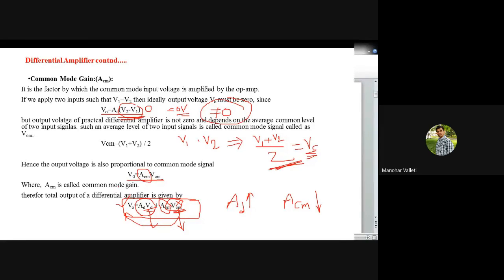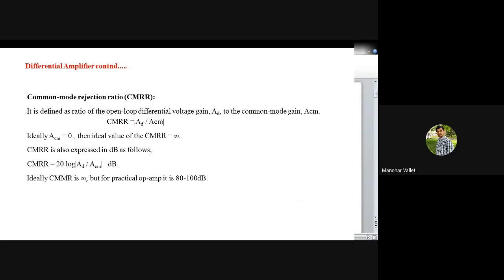To measure this, we will use the parameter common mode rejection ratio. Common mode rejection ratio means the ability of the operational amplifier or differential amplifier to effectively reject the common mode signal.